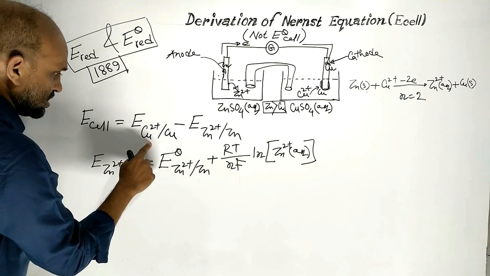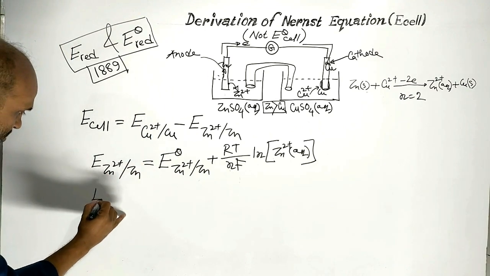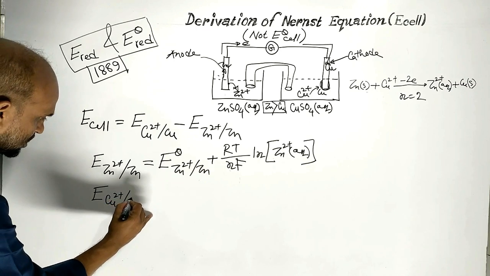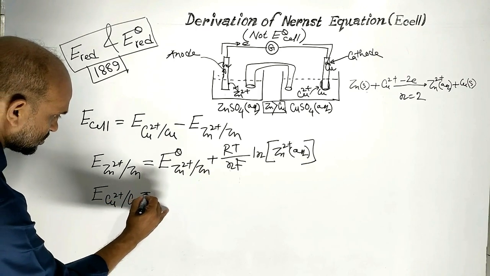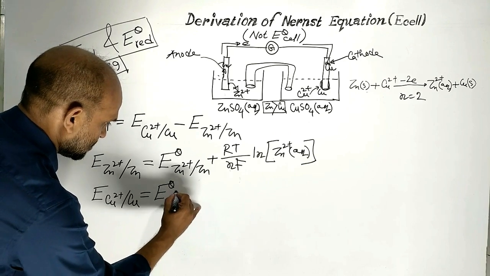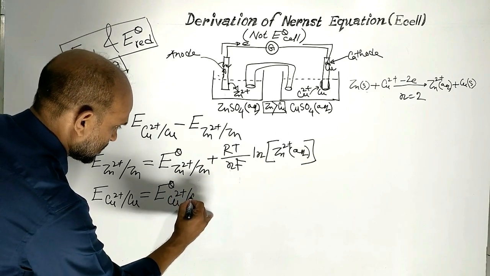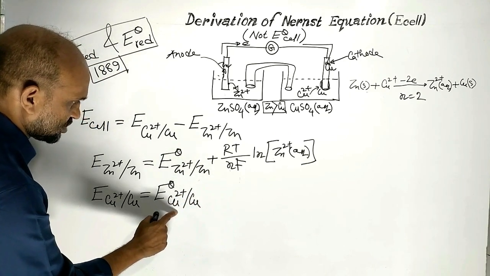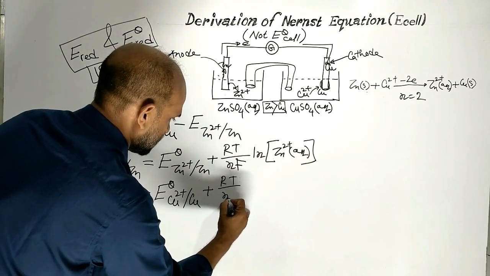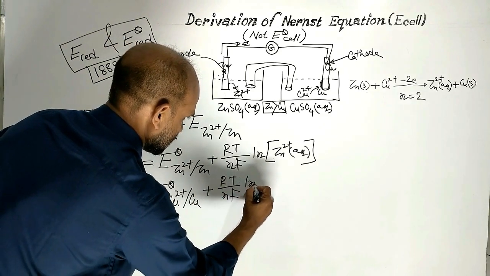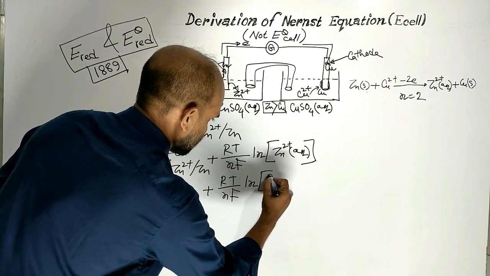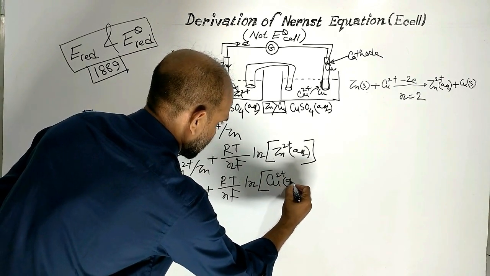Again, let us see this one. Non-standard state reduction potential of cathode, which is standard state reduction potential of electrode, that is cathode, plus RT by NF, then ln concentration of copper ion.